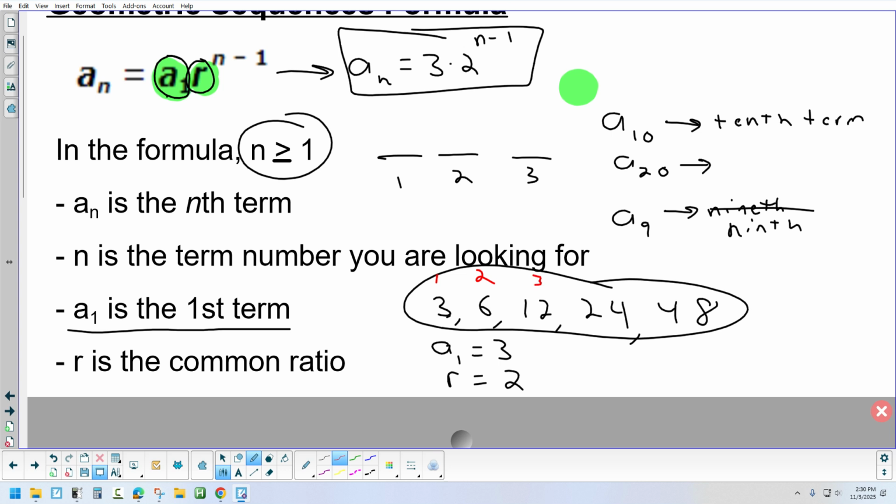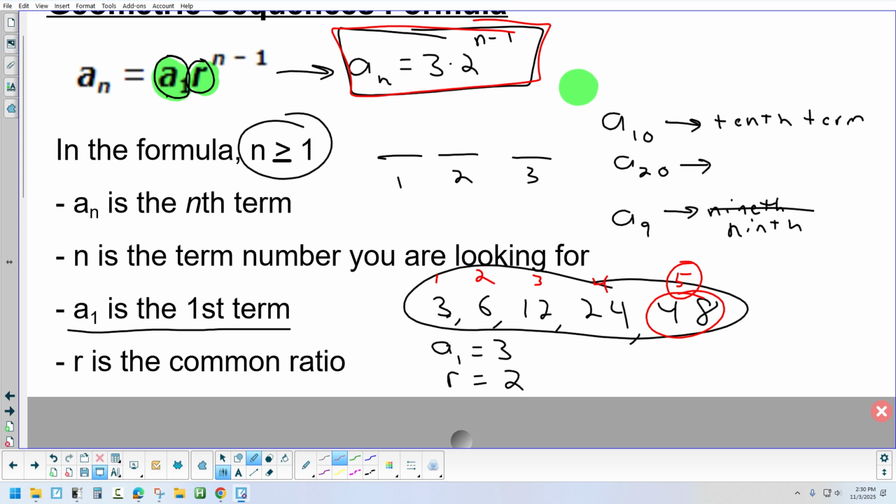And how about the 24? Fourth term. And the 48, Colin, which one is that? Fifth. So what you can do now with this formula is if you know this number, you can plug it into that formula and it'll automatically give you that number.